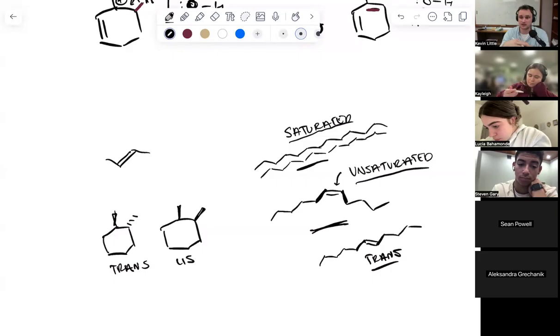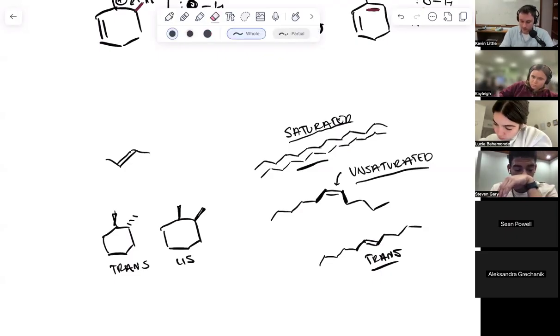They can stack very well on top of each other. That enables them to be solid at room temperature. It's that dispersion force stacking. Higher quantities of it being solid means higher boiling point. Those stronger intermolecular forces mean the boiling point's going to be higher, the melting point's going to be higher, and it's solid at room temperature.